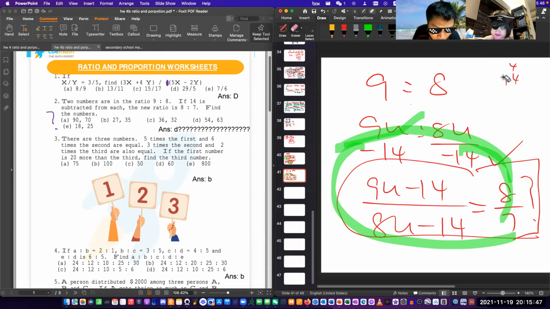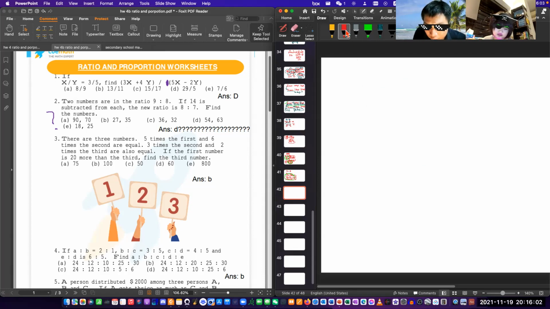So I think D is not correct. A and B also not correct. C also not. So it must be E, I think. Okay. So instead of doing trial and error, let me just do it without knowing.